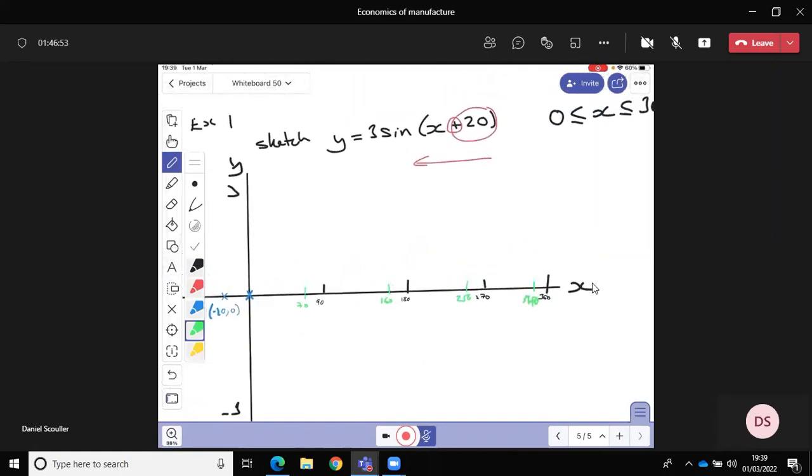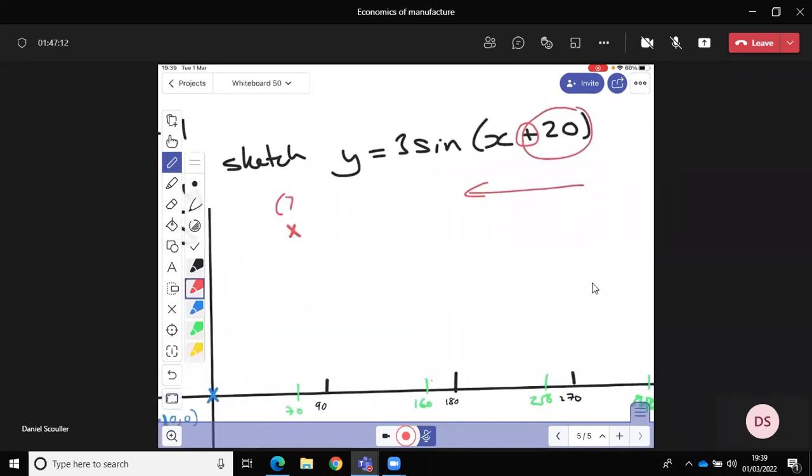Now what happens at those milestones doesn't change. So instead of starting at 0, 0, it's starting at minus 20, 0. The first maximum is going to be there. That's going to be 70 on the x-axis and 3 on the y-axis.